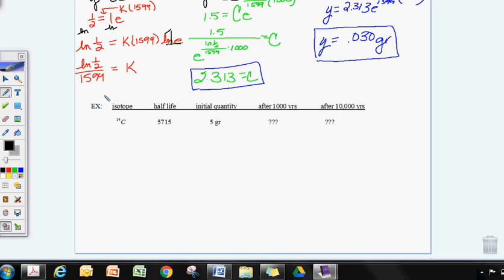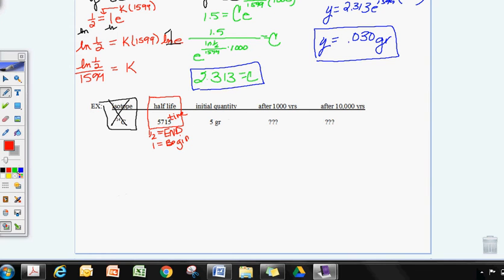So again, here is my isotope, carbon-14. That's the name of it, not going to do anything for me. My half-life information tells me 1/2 of it is left. That's my end, when I begin with 1, and it tells me the time that it's going to do that in is 5,715.